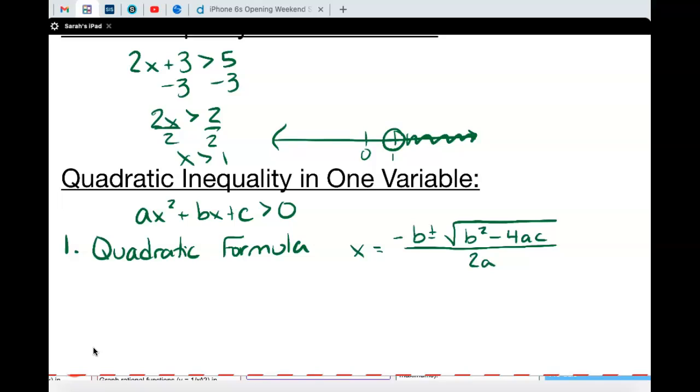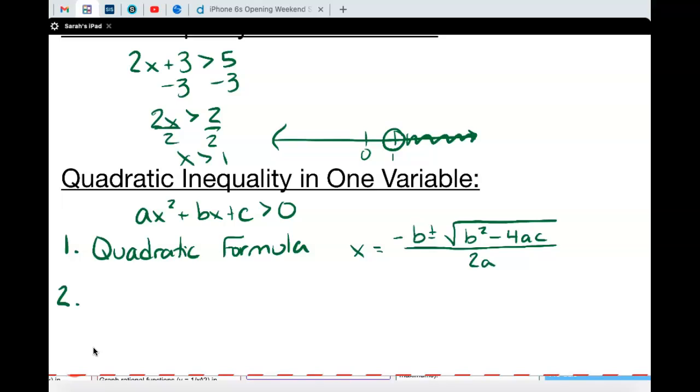What is another way? Good question. The quadratic formula works every time. We can use it to solve a quadratic no matter what. But it's kind of a long and tedious process.